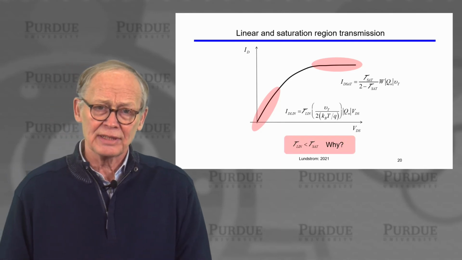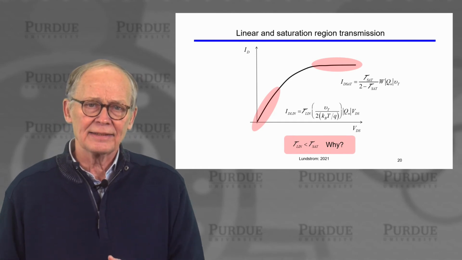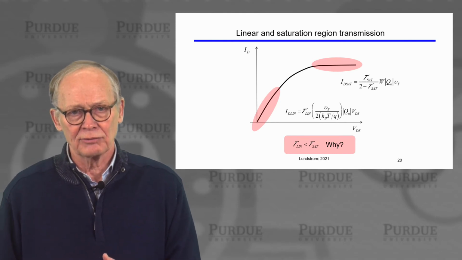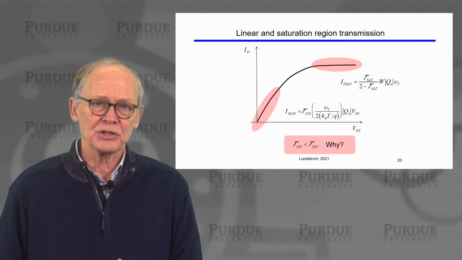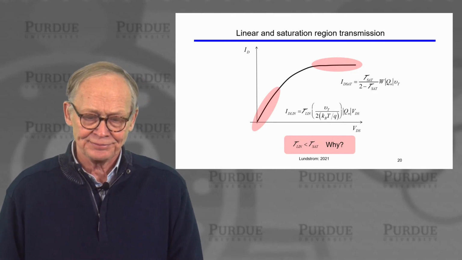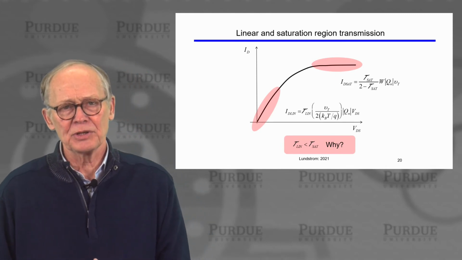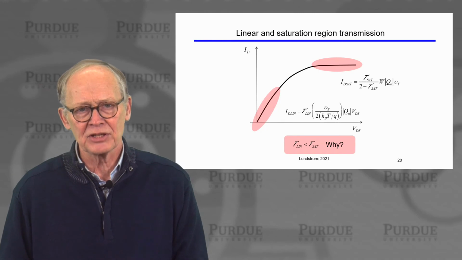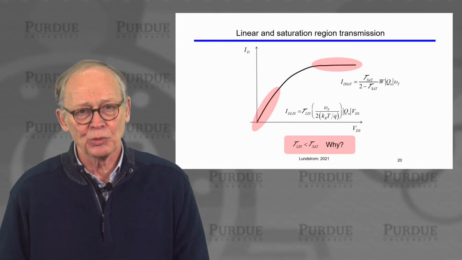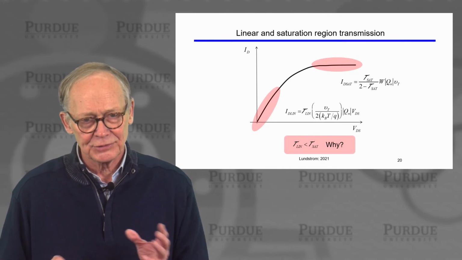Now, one thing you'll note in doing these kinds of analyses is that the transmission under saturated conditions, high drain voltage, is higher than the transmission under low drain voltages in the linear regime. Now, why is that? We might expect that the transmission would be lower under high voltage, because the electrons gain more energy and they have more ways to scatter. But we find that the transmission is higher. So what's going on here?